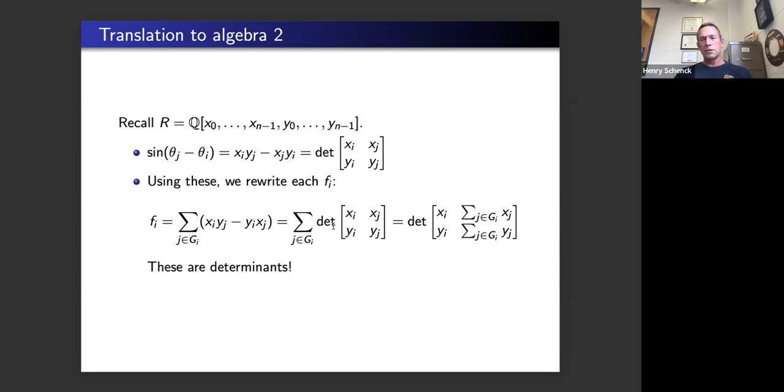But remember, the j is dynamic. The j is ranging over all the vertices adjacent to vertex i. Vertex i is pinned. And so at each vertex, we have a little 2x2 determinant, which has in one column just the variables for the vertex, and the other is the sum of all the variables adjacent to that vertex.